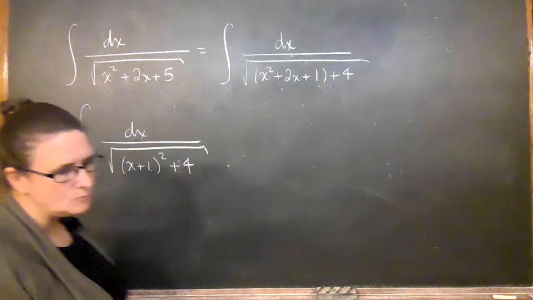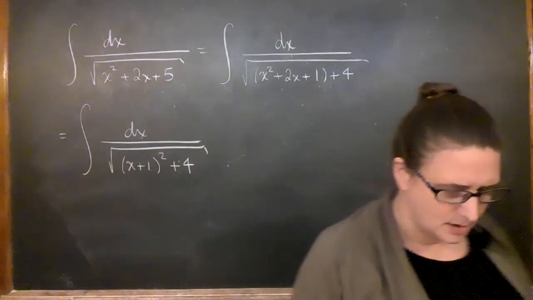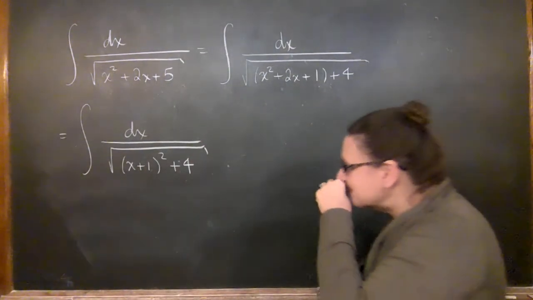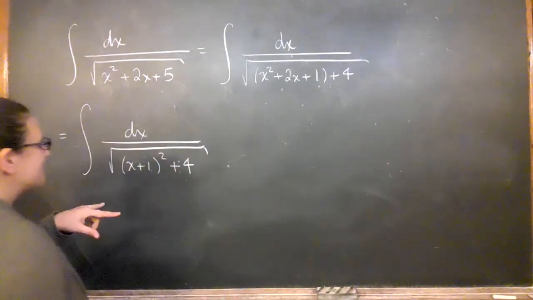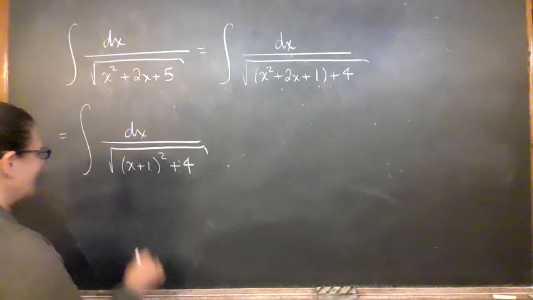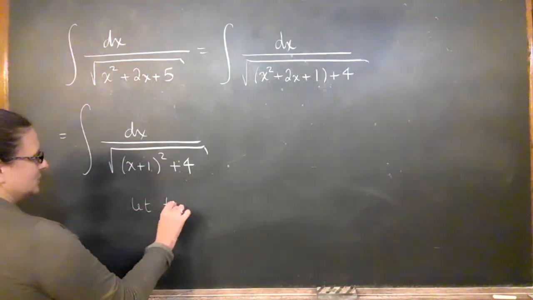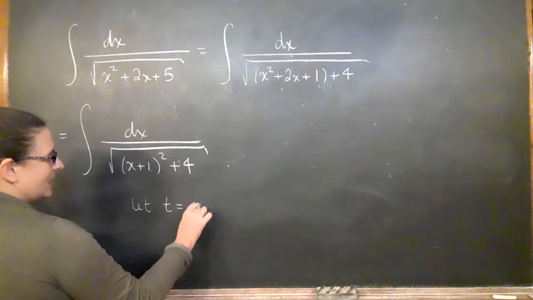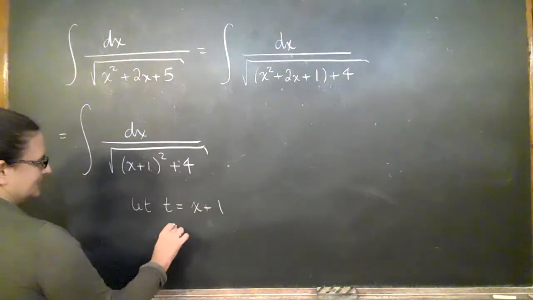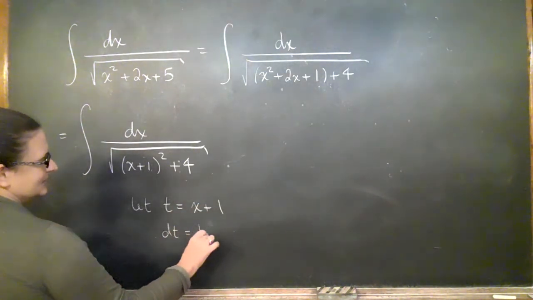Okay? Well, you know what? We just actually did that problem. Right? Because what I can do now is make the substitution, let t equal x plus 1, dt then is just dx.